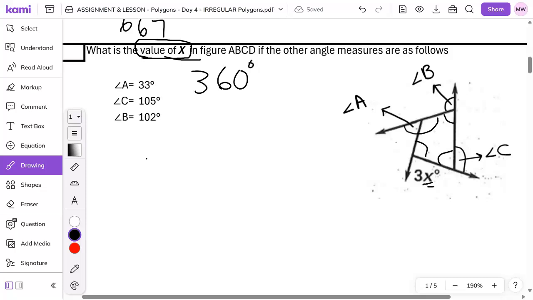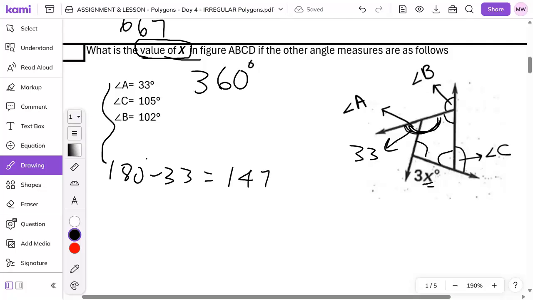So first of all, if angle A is 33, then those two together equal 180, right? So I would go 180 minus 33 is equal to 147. So that's going to be right here, 147, okay? So that's the first angle.